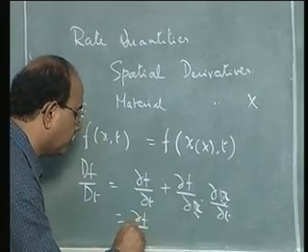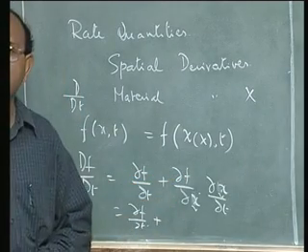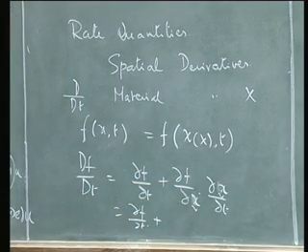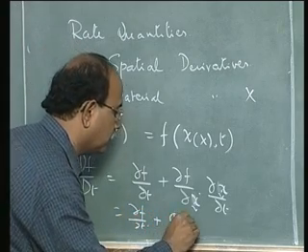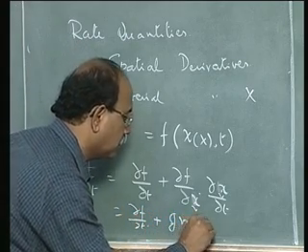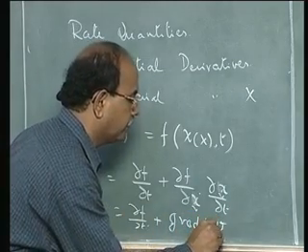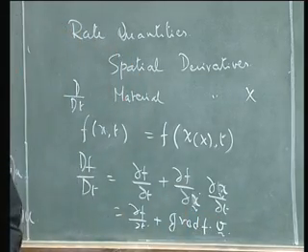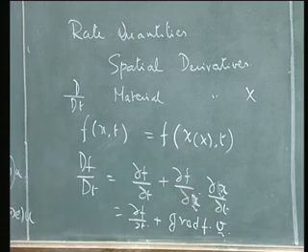This can be written as dou f by dou t plus, what is dou f by dou x? Grad f dot v. Note that now this is a vector grad f dot v.